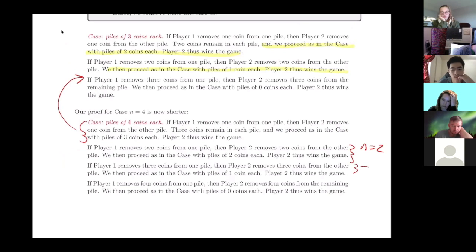If they remove 3, see n equals 1, and so on. So no matter what player 1 does, player 2 does the same thing. Now we've got a game for a smaller value of n that we've already proven player 2 can win.